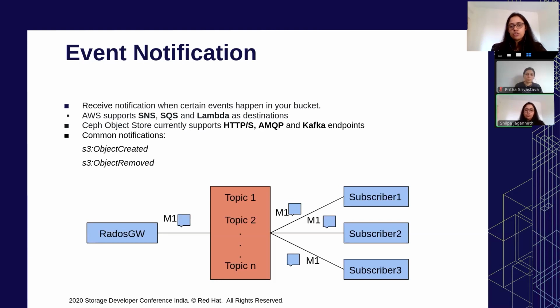All that a user has to do is create topics on each bucket with push endpoint parameters, and create a notification entity for the event types, and can filter events based on the prefix or suffix that you provide, or even regular expression matching of the keys.